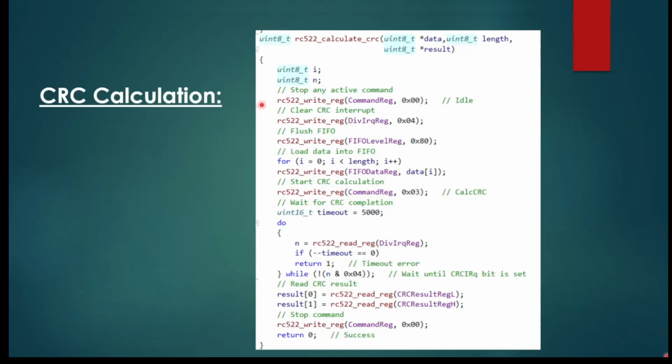The first thing we do is going to be fairly similar for all of our writes and reads to the reader. We need to stop any active command, so send the reader basically to idle. We do that by sending a hex 0 to the command register.